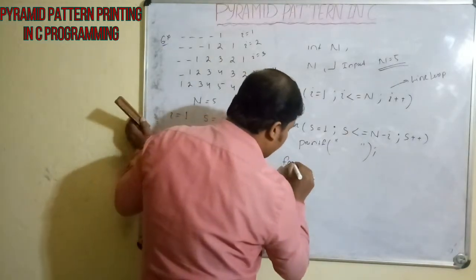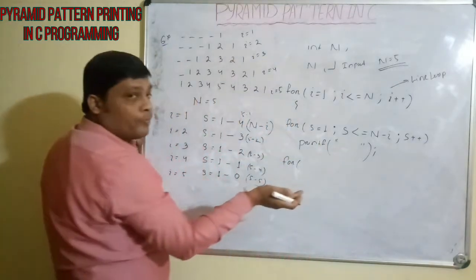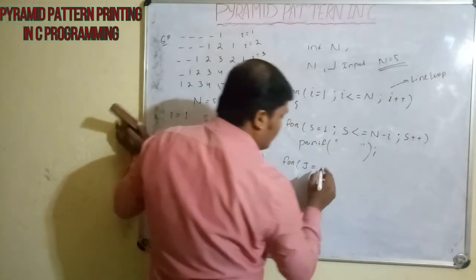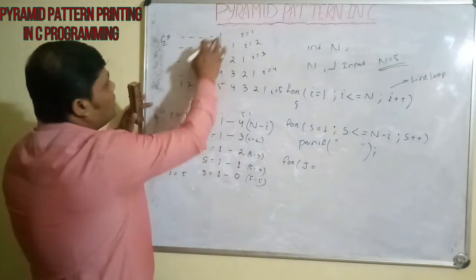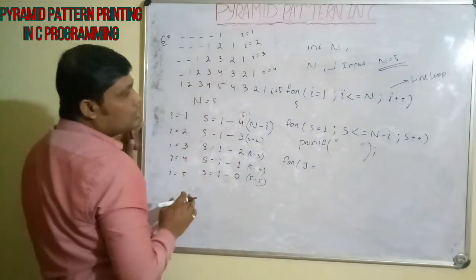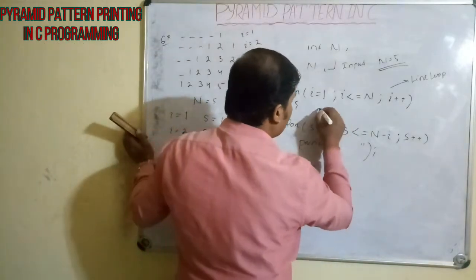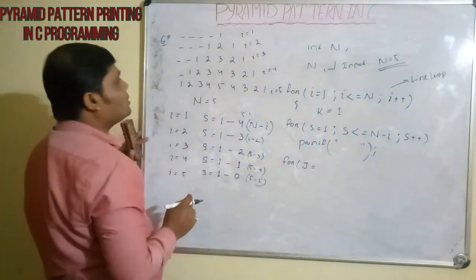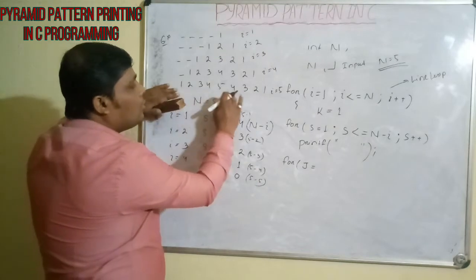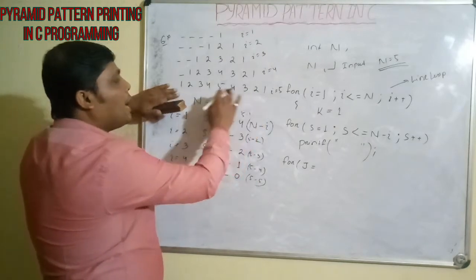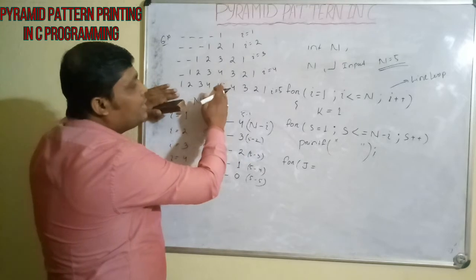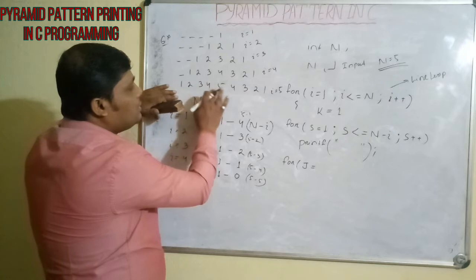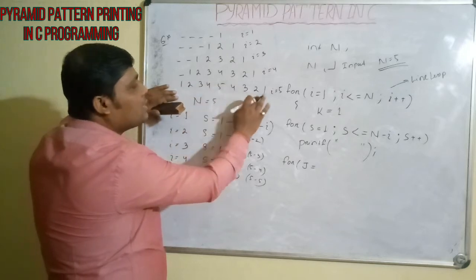So for printing numbers, we have to take another loop. Suppose I am taking the j loop. j equal to 1, you can see it always starts from 1. Because here we are not only printing the j values, after some time it is decrementing. You can see it is printing some numbers, after that it is decrementing.